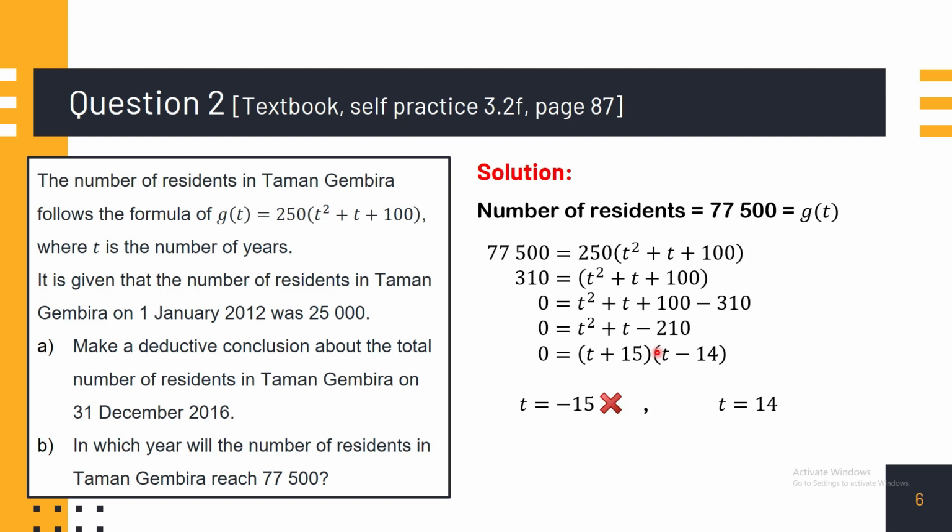Then -15 is wrong. We will use t equal to 14. So the answer is the 14th year, when the number of residents will reach 77,500. This is the answer.